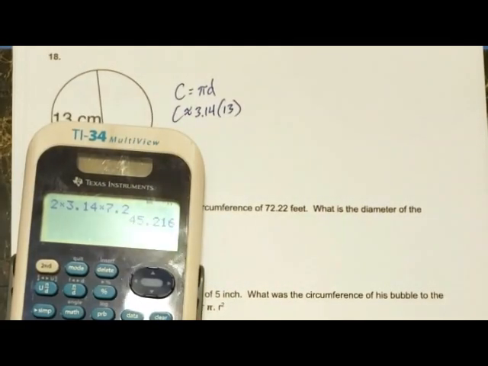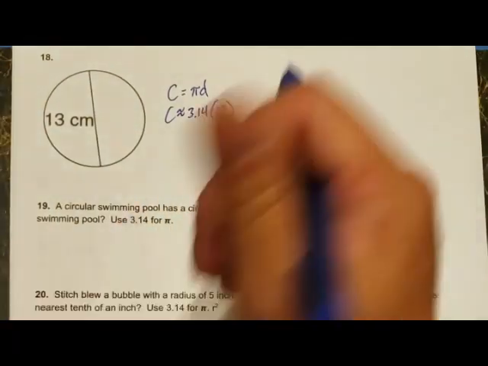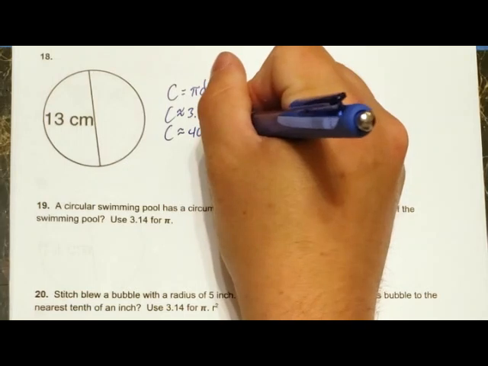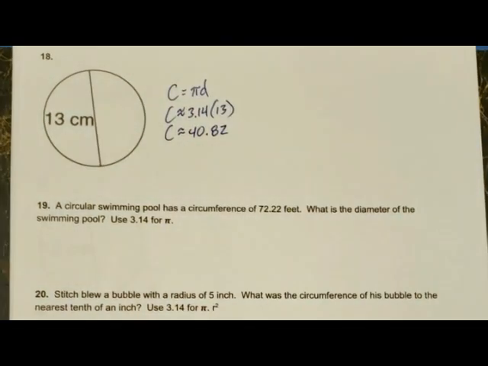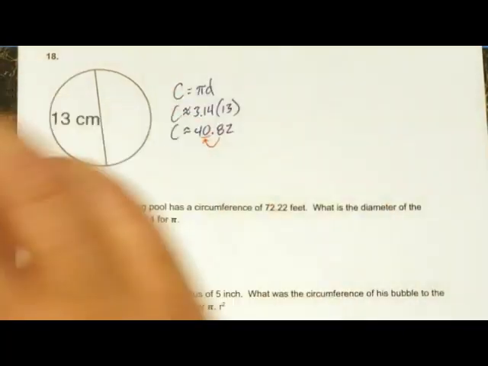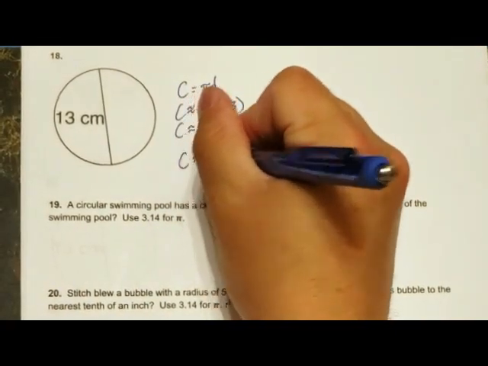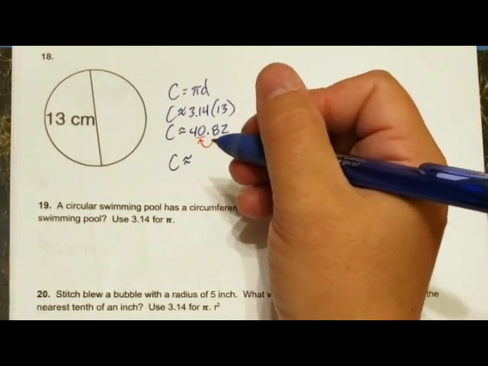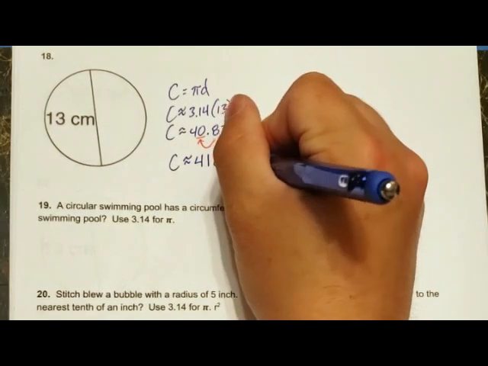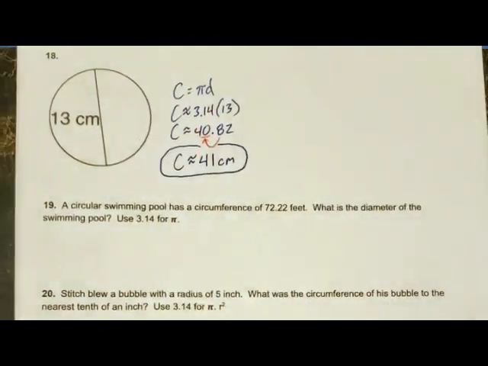All right, 3.14 times 13 is 40 and 82 hundredths. All right, and would this 8 push this 0 up or leave it an 8? It would push it up. It says pull up on me. All right, it would round to 41 centimeters. And again, don't even worry about the unit.